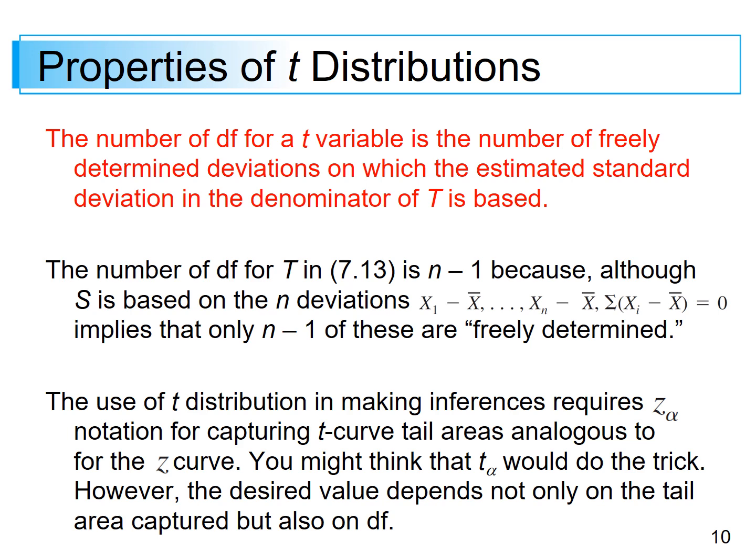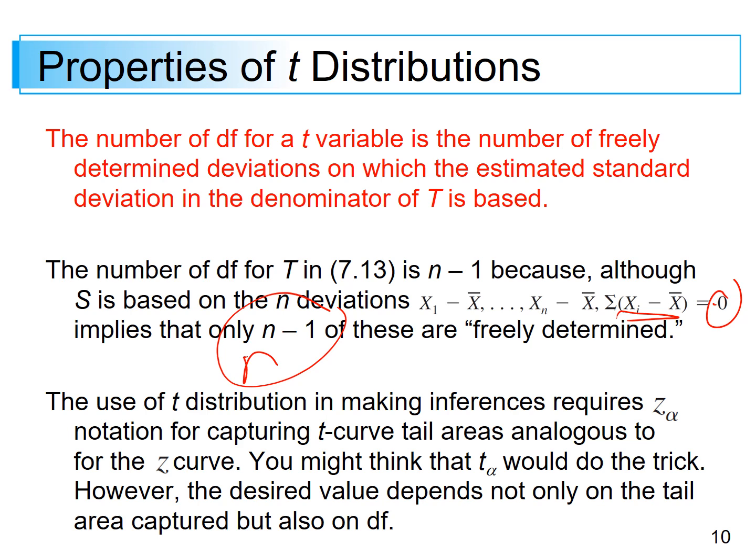The number of degrees of freedom for the random variable t is n-1, because even though the estimated standard deviation is based on a sample size of n, if we sum up all the deviations, we get 0. We know that only n-1 of these are freely determined. We don't need to know all the deviations, because if we sum them up, we get 0. So we only need 1 less than n.